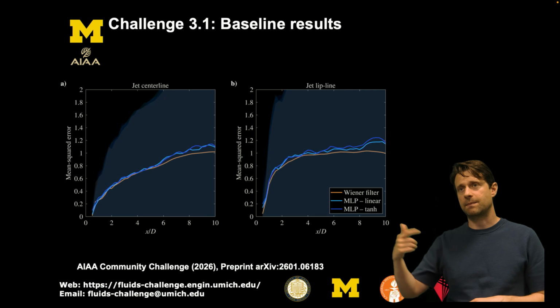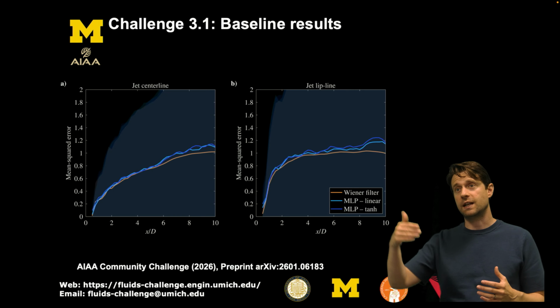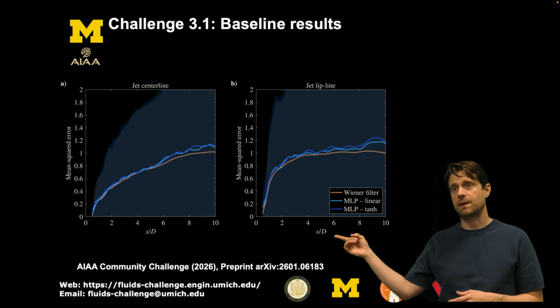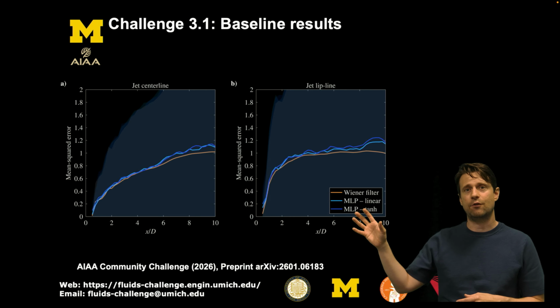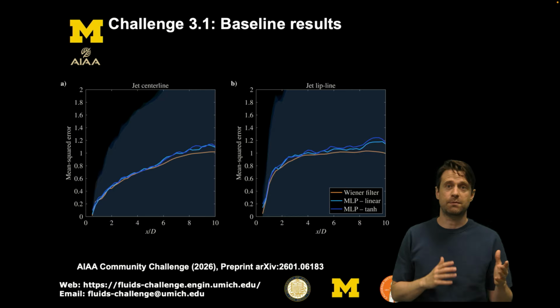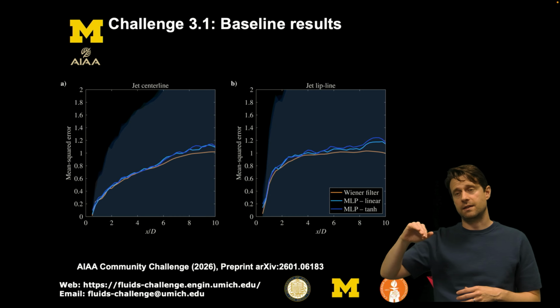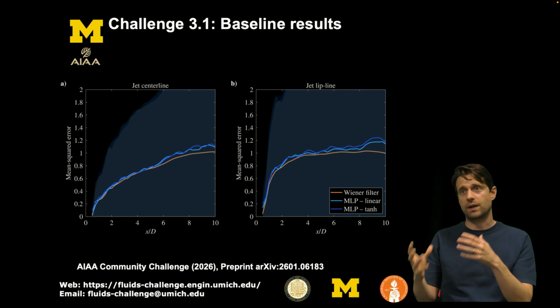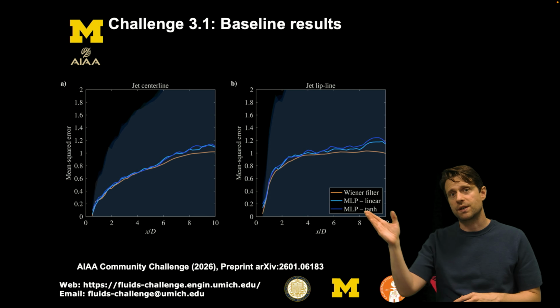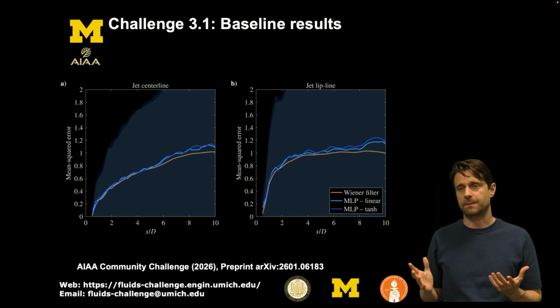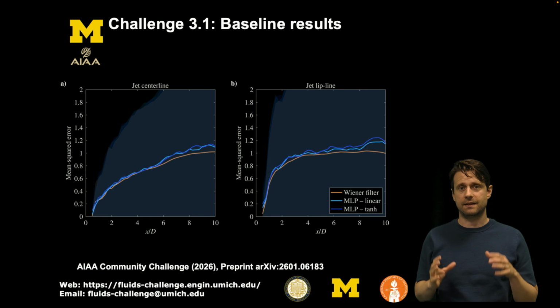And then a nonlinear MLP, so basically an MLP with a nonlinear activation function, in this case, the hyperbolic tangent. And you can see that the error metrics are actually pretty similar. As before, the linear method starts at the beginning quite similar to the nonlinear ones, and towards the end, the Wiener filter works a little bit better. Once again, keep in mind that these are baseline results, and the idea is that we want you to try to do better than this.